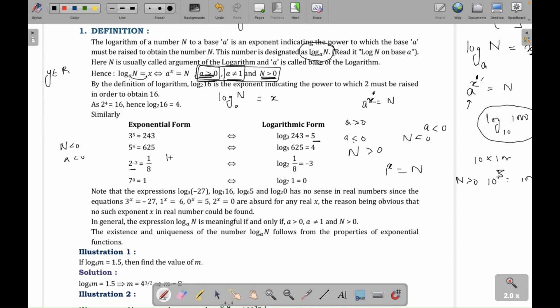So n is this, right? So log of 1 upon 8 base 2 is equal to minus 3, right? And then you have 7 to the power 0 is equal to 1. So log of 1 base 7 is equal to 0.